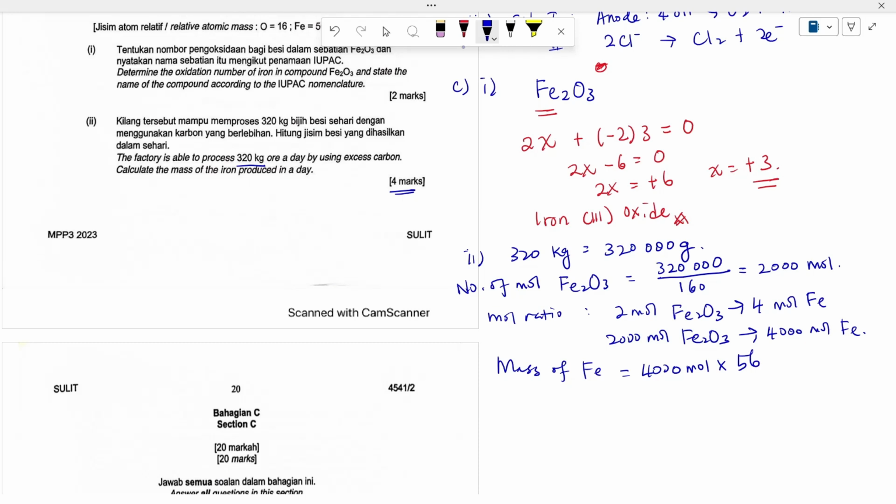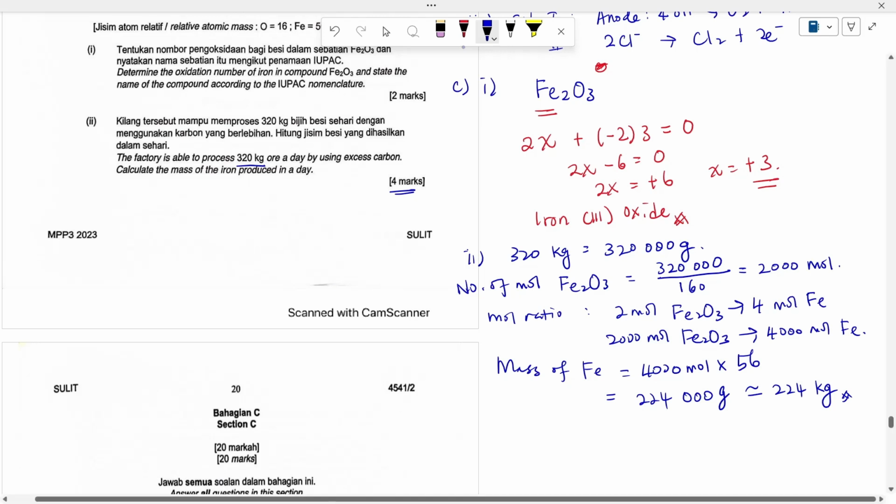So you will get 224,000 gram, or equivalent to 224 kilogram. This is the mass of the iron produced in a day.